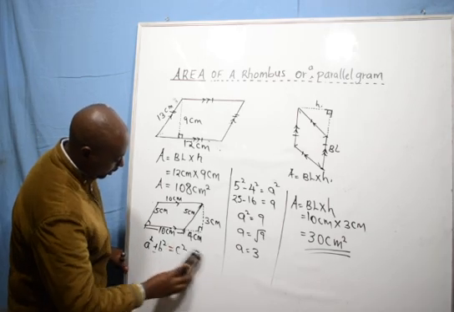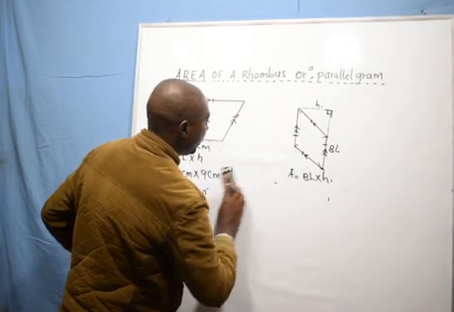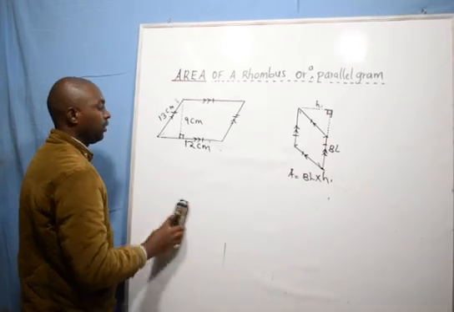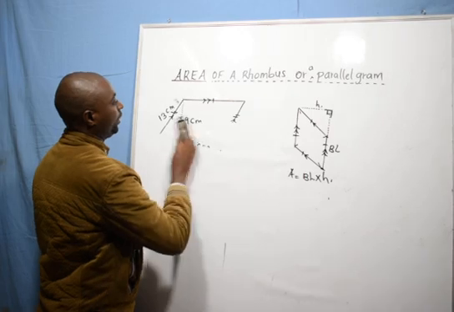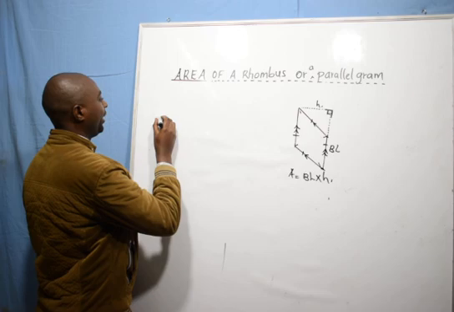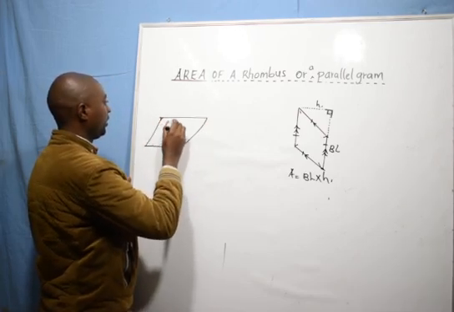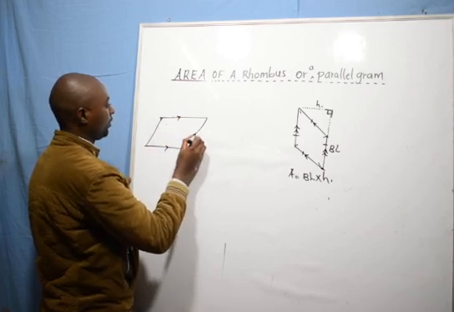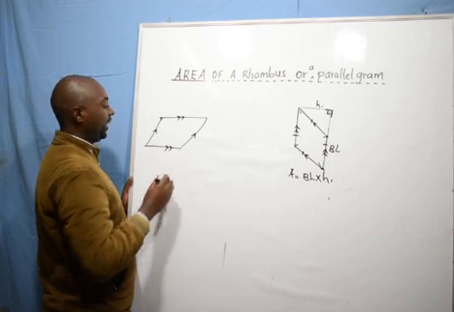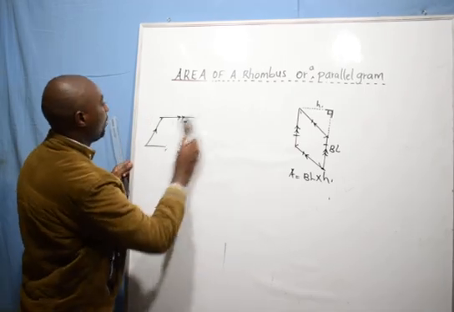Taking another question to do with the rhombus. Now let us look at the rhombus. I'll erase this and draw the sketch of a rhombus, where you are told that this is a rhombus and you are not given any side, but you are given the diagonals. Let me draw a better sketch.